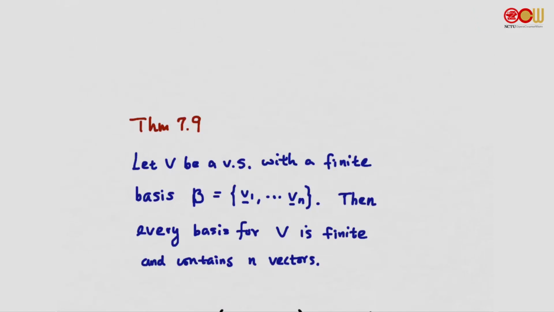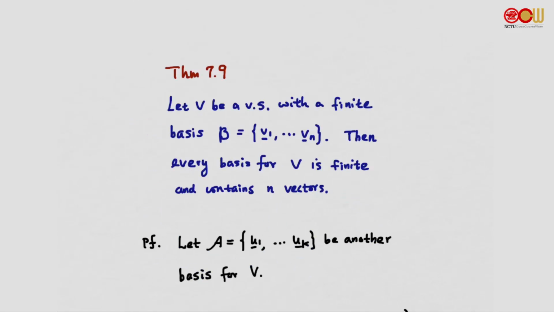Now we are ready to talk about the number of vectors in a basis. V is a vector space with a finite basis, v1 to vn. Then every basis for V is finite and contains n vectors. So that means every basis has the same number of vectors. Well, suppose that we have another basis.